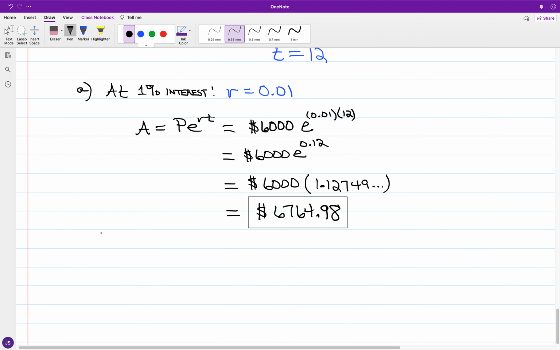We're looking at $6,000 times e to the 0.02 times 12.